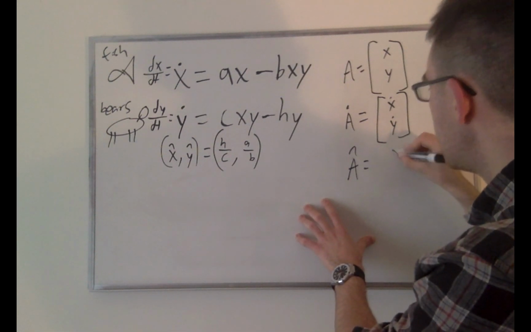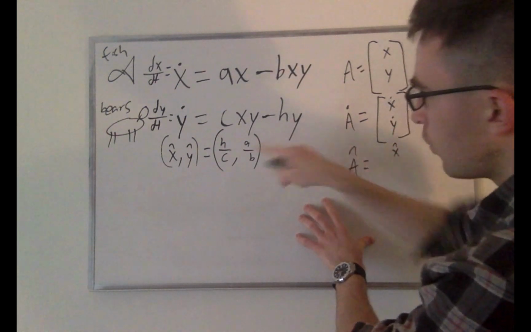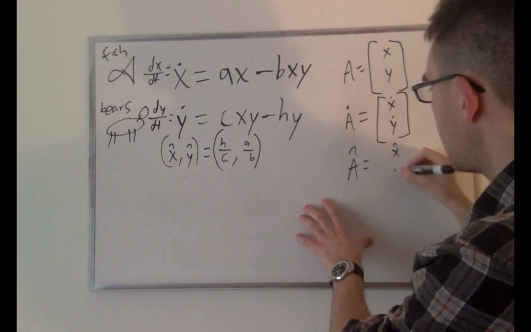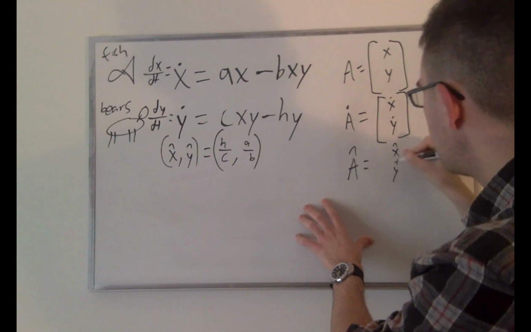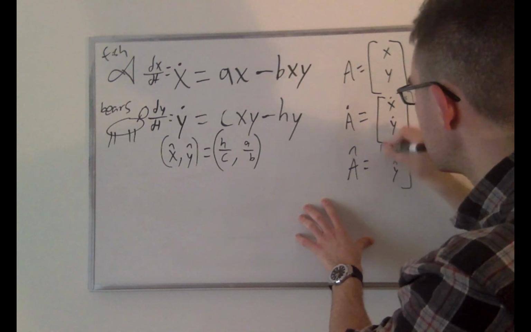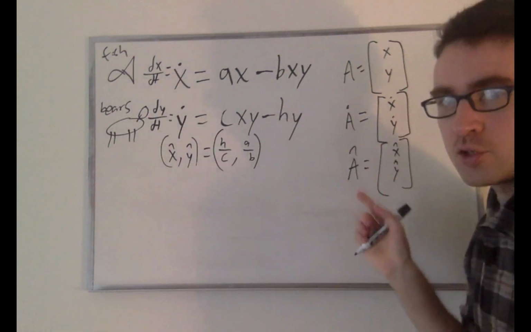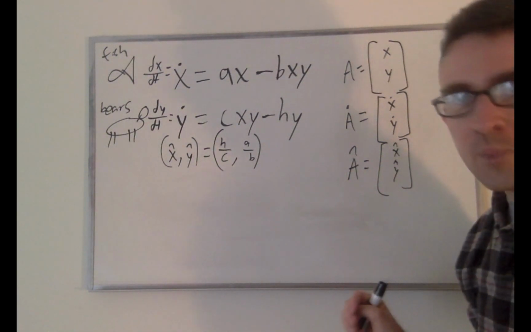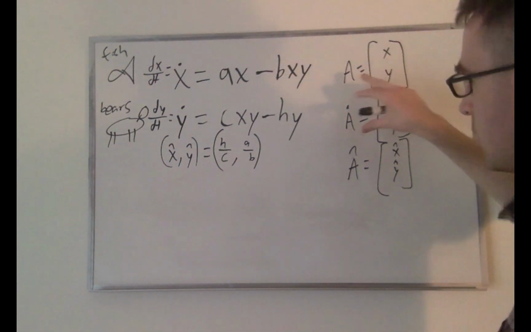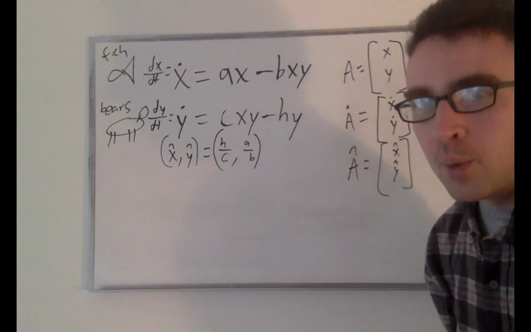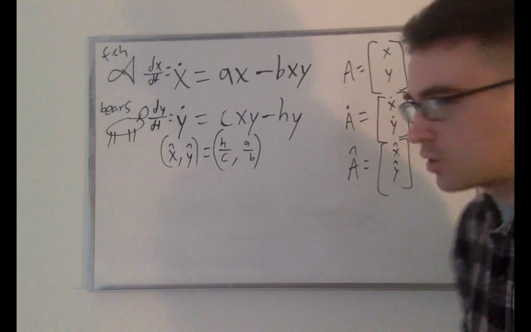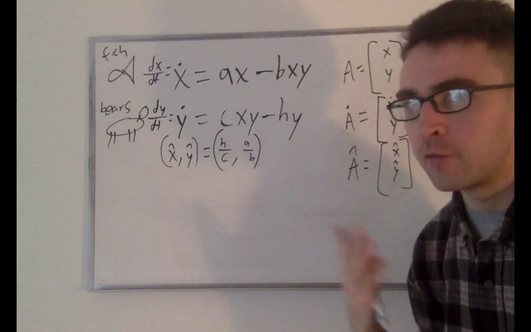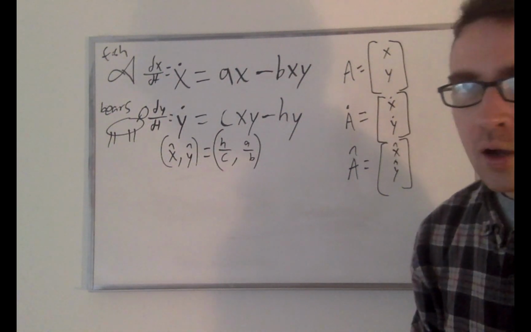So this is going to be x hat, which is h over c, and then y hat, which is a over b. So this is just our equilibrium point. We're just putting these things into matrices to make them easier to work with, but if you ever get confused, you can always plug the original things back into these matrices and work it out that way.